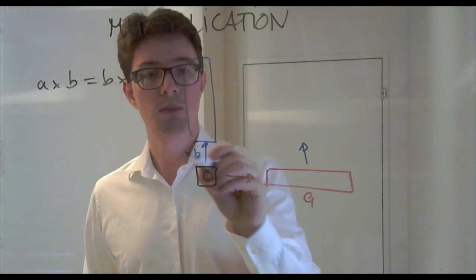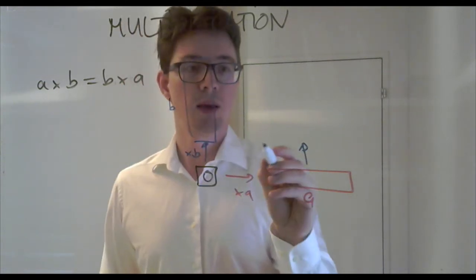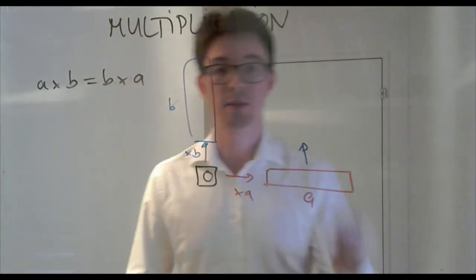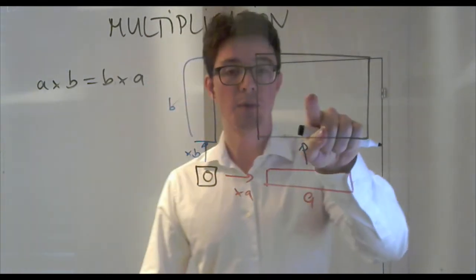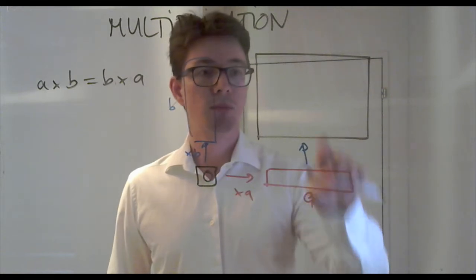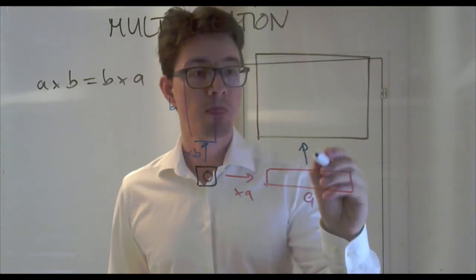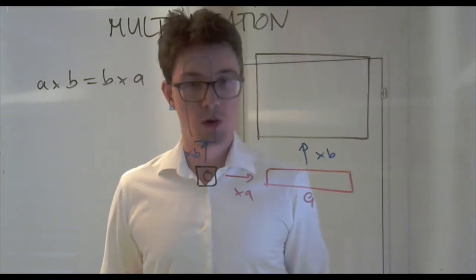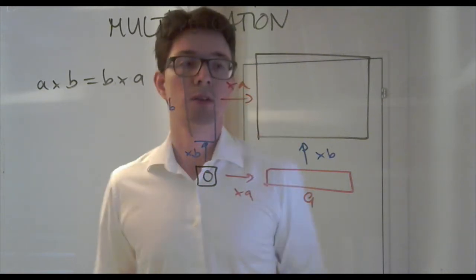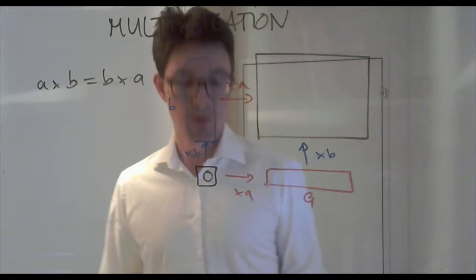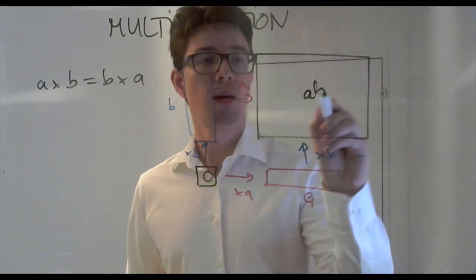So this is times b, and then you already see that we can think of this array as being a multiplied b times, or b multiplied a times. So in any case we get ab.